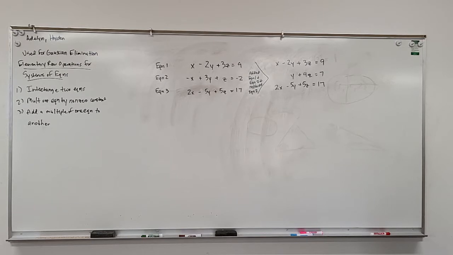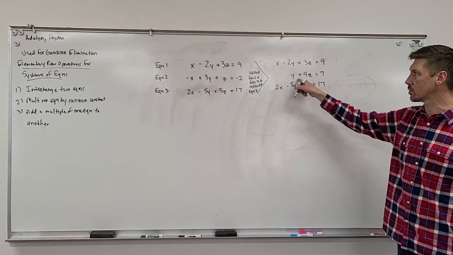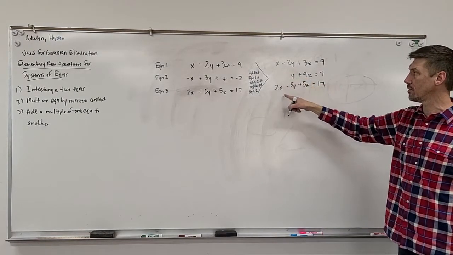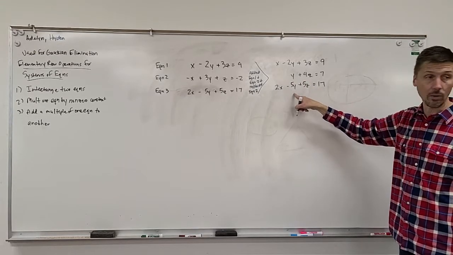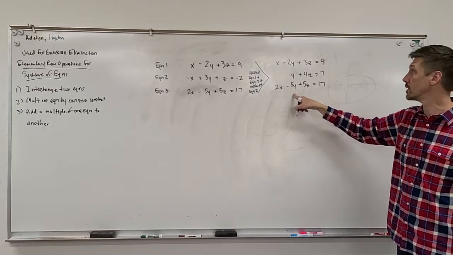Now the next thing we're going to do is add negative 2 times the first equation to the third equation, again to get rid of our x variable, right? We've gotten rid of one variable in the second equation, so this is looking like row echelon form, but we still have to get rid of the x and the y variable in the third to get row echelon form.